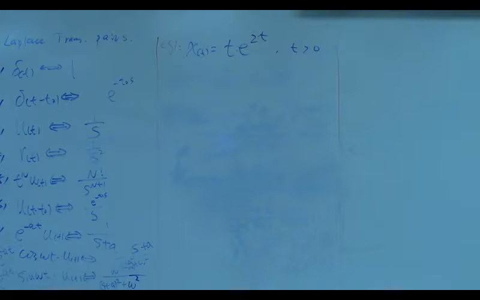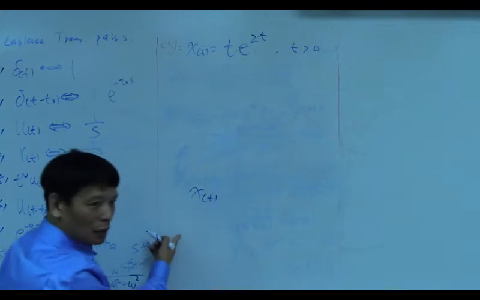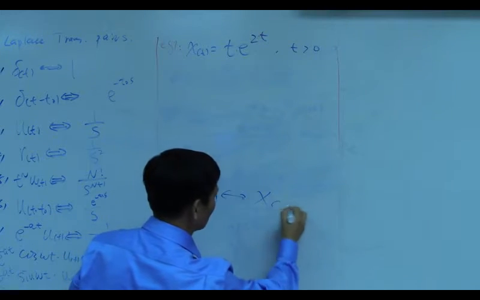So what are you going to do with this? This t times e to the t is not here in the table, so we cannot do that directly. We need to use properties. The properties mean, okay, you have a function like this. We can easily calculate this.